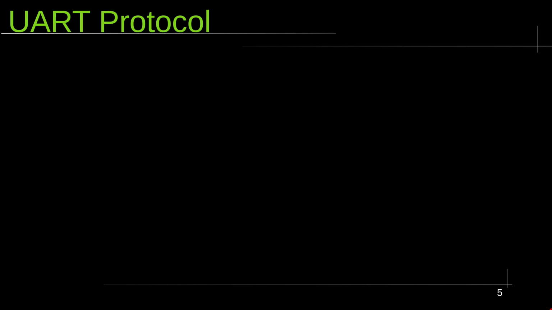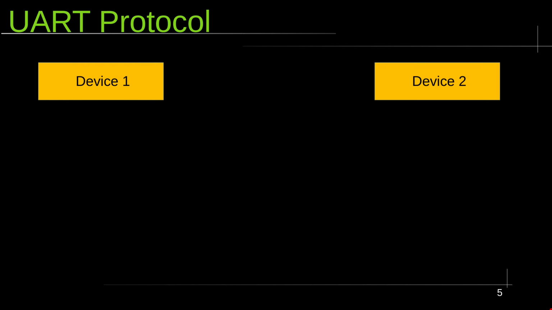So now let's have a more concrete look at how the protocol used by a terminal looks like. This is called a UART protocol. This is used by two devices to communicate. So let's say we have device 1 here and device 2, and we want to perform communication between the two. Well, we're going to have a wire.